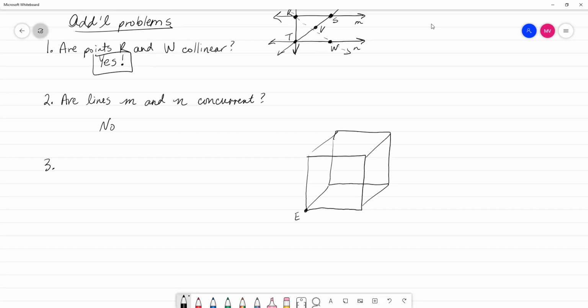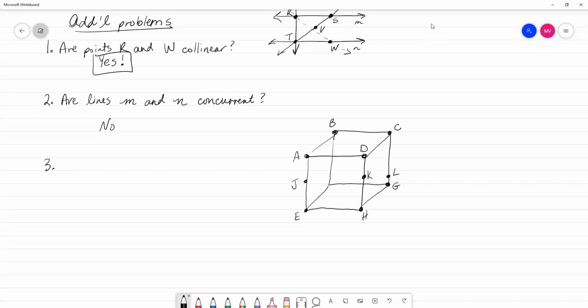So this is E, A, J, B, C, and D. And then we have point K here in the middle, L down here, point G, and point H. Did I get them all?